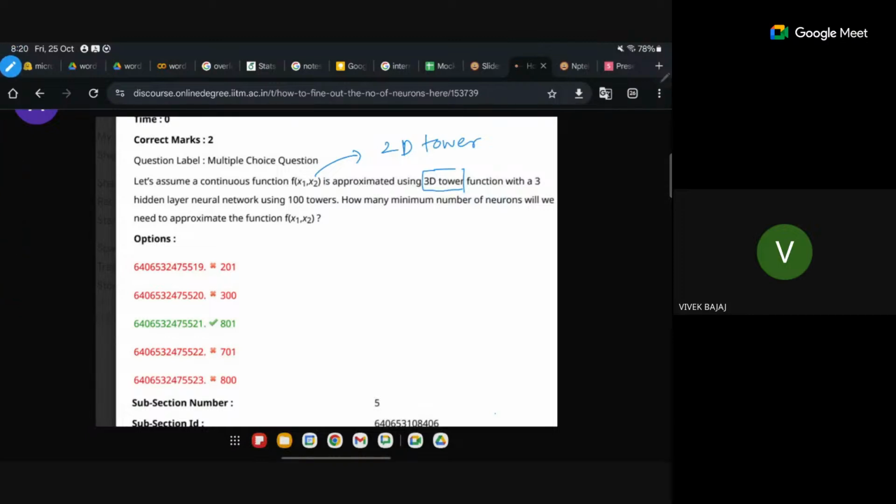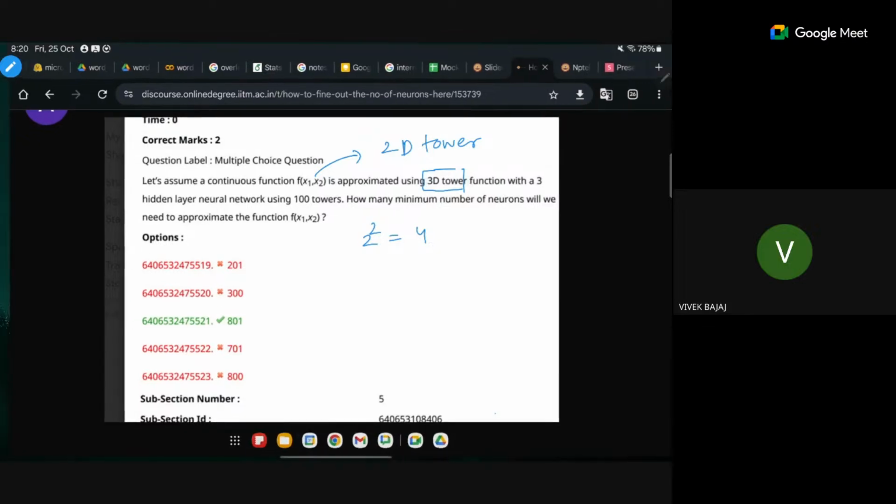Yes. You are right that if I put 2 to the power 2, then 4. That's what the formula says, that we need 4 neurons to create a tower.